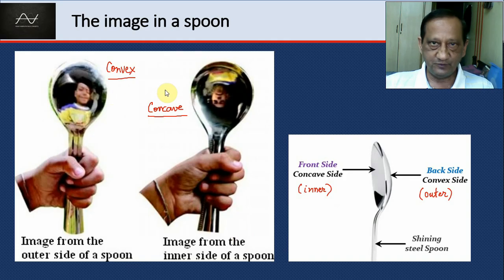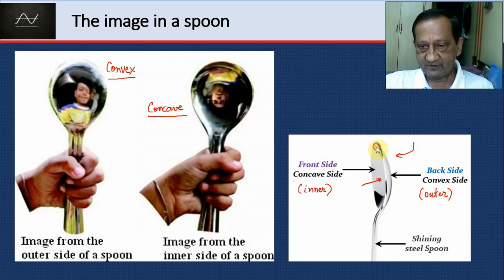Take a shiny spoon. This is reflecting. Actually, the entire spoon is reflecting. So if you look into the mirror from this side, that is the concave side. If you look into the mirror from that side, that is the convex side.